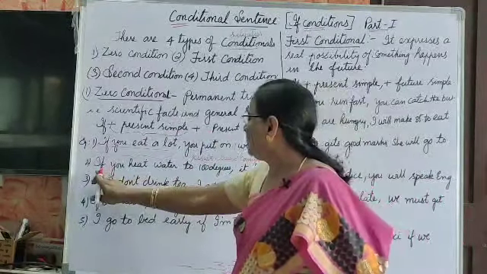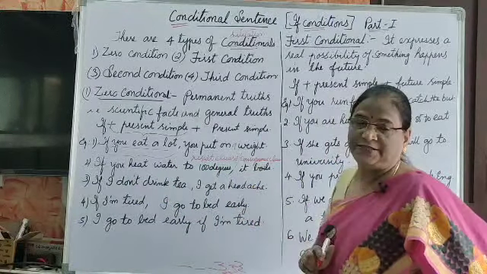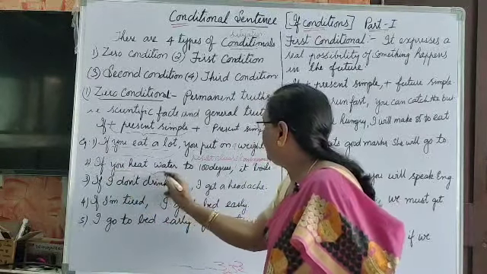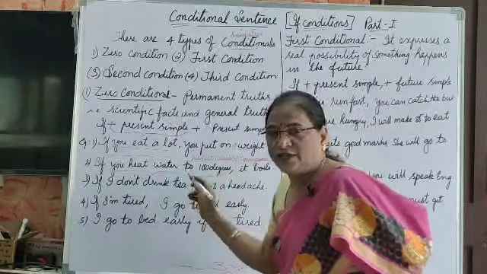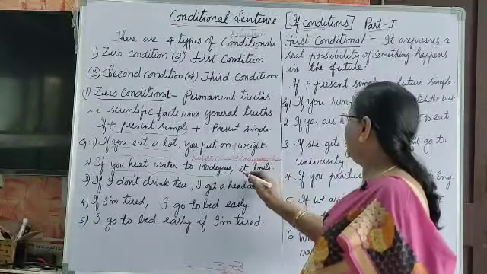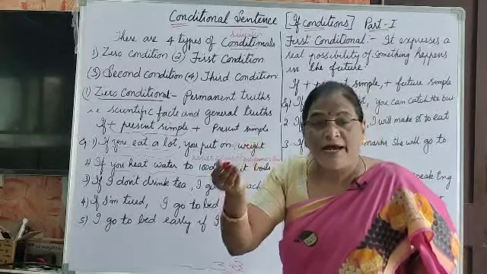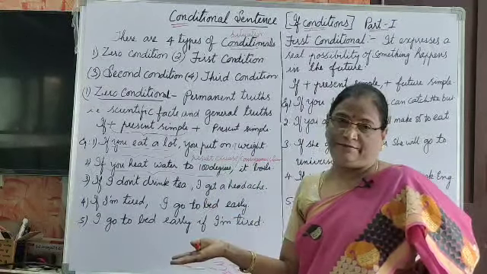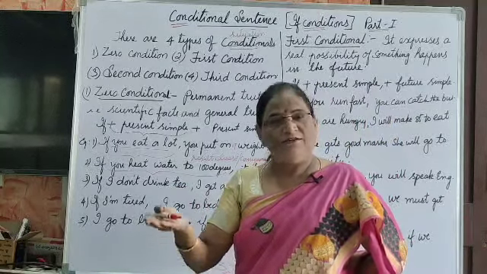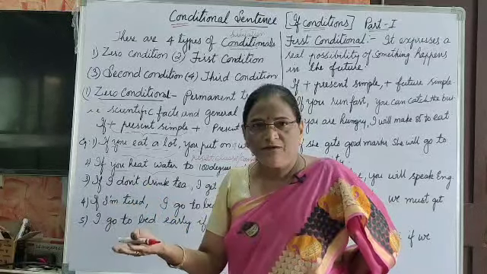And next let us see, if you heat water to 100 degrees Celsius. This is the if condition. If you heat water, what happens? It boils. If you heat ice, what happens? It melts, it becomes water.